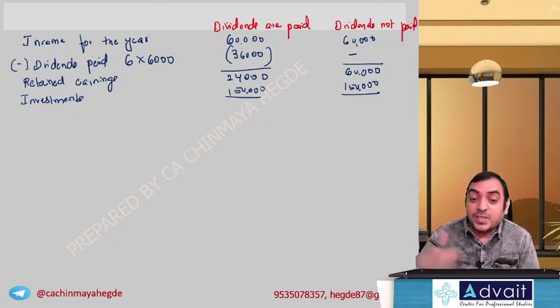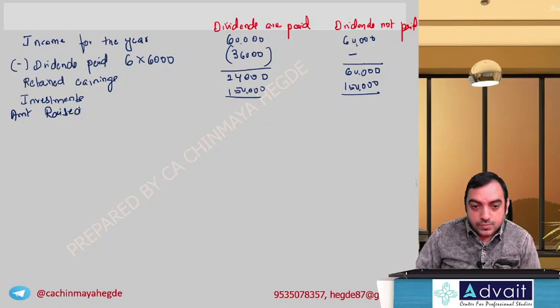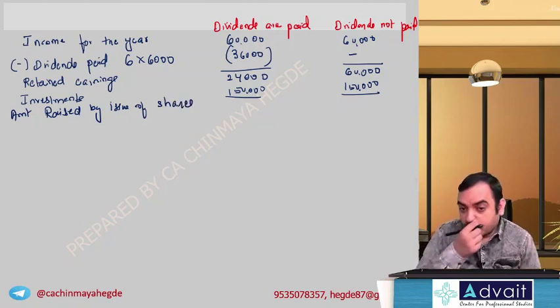It is raised by issue of shares. Amount raised by issue of shares. So how much shortage? 1,50,000 minus 24,000, 1,26,000.